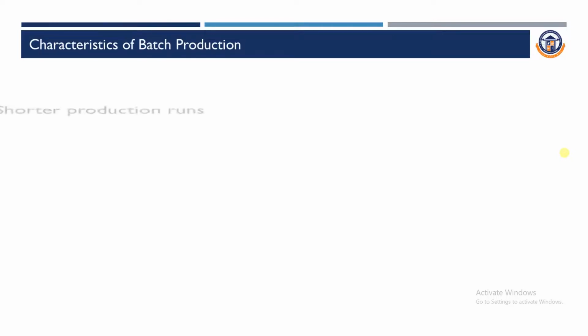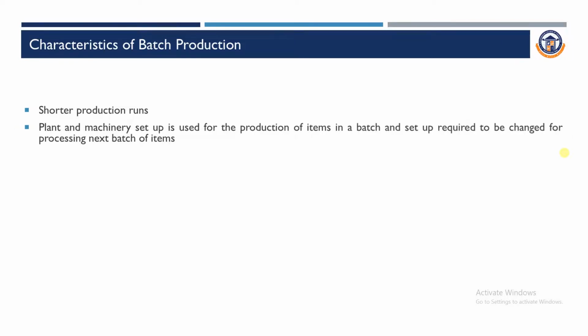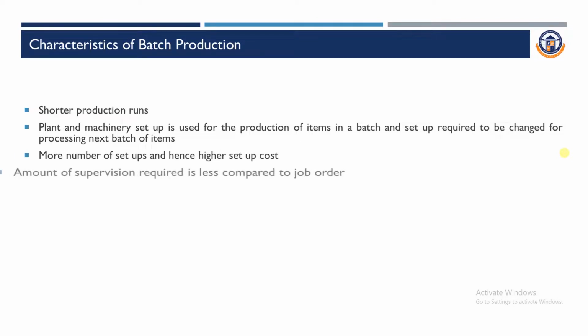So what are the characteristics of batch production? So the batch productions have shorter production runs. The plant and machinery setup is used for production of items in a batch, and setup required to be changed for processing next batch of items. So that's why there are more number of setups and hence higher setup cost. The amount of supervision required is less when compared to the job shop production system.